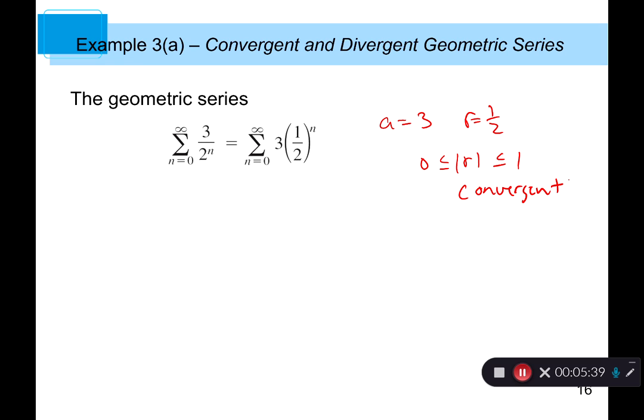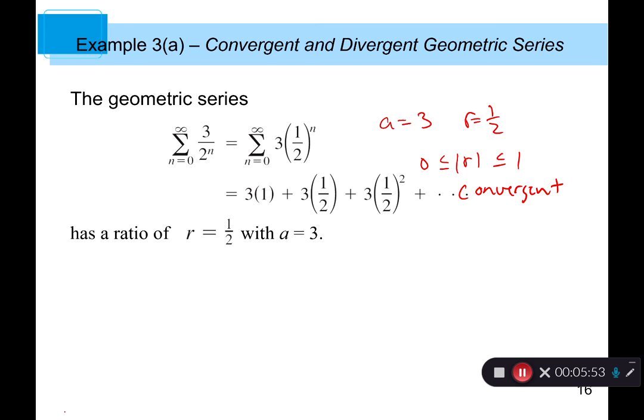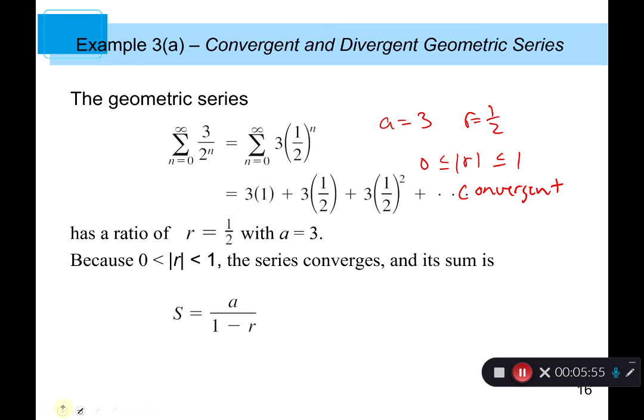And what I'd like you to do right now is pause the video and get the sum of the series. Okay, if you pause the video, you would see that I've used a over 1 minus r. Get 3 over 1 minus 1/2, which would equal indeed 6.